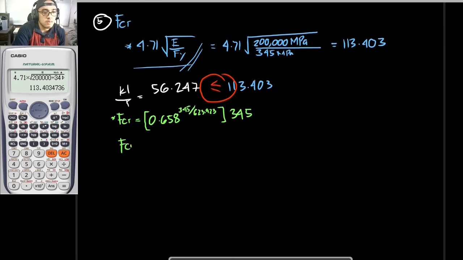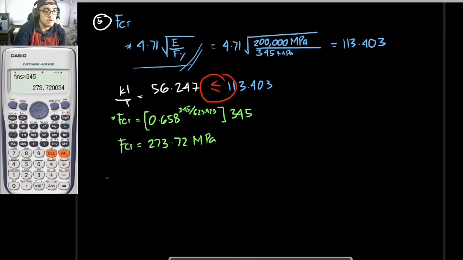From that, our value of FCR would now be equal to 0.658 raised to 345 divided by 623.923, times 345. So, this would be our critical buckling stress, 273.72 megapascals.